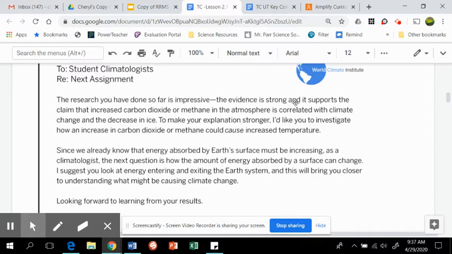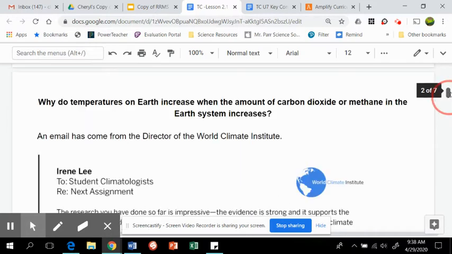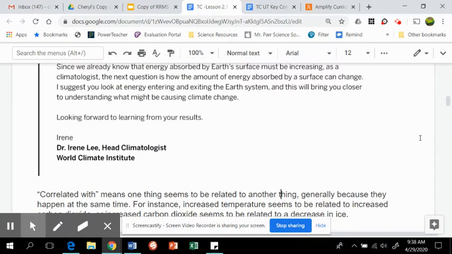Since we already know that energy absorbed by Earth's surface must be increasing, as a climatologist, the next question is how the amount of energy absorbed by a surface can change. I suggest you look at energy entering and exiting the Earth system, and this will bring you closer to understanding what might be causing climate change. Looking forward to learning from your results. Dr. Irene Lee, head climatologist, World Climate Institute.